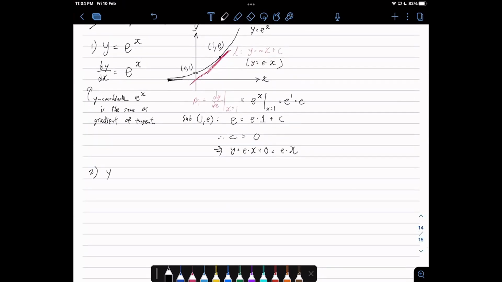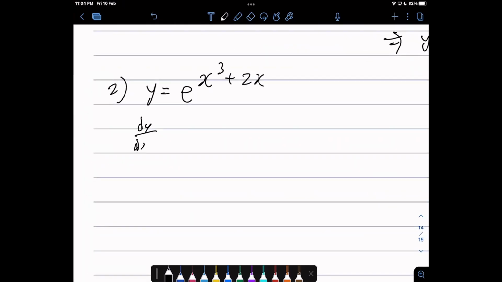Let's try an example like y equals e to the power of x cubed plus 2x. What would this be equal to? Chain rule again. If you have e power something, very simple. My favorite function, just copy and paste. Then don't forget the chain rule. You need to differentiate the inside. So bracket 3x squared plus 2.